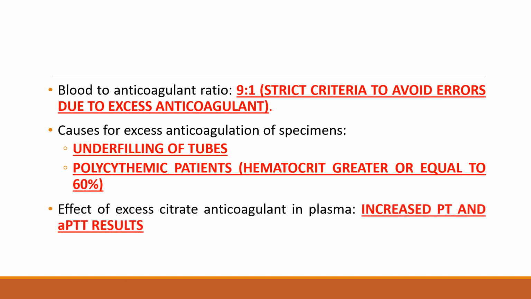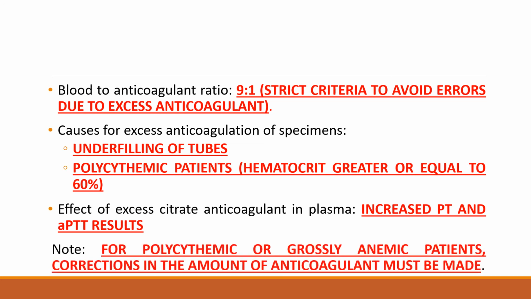If there is excess anticoagulant in the plasma, the effect of that would be increased PT and APTT results. So note, for patients who are polycythemic or grossly anemic, corrections must be made in the amount of anticoagulant that must be used.